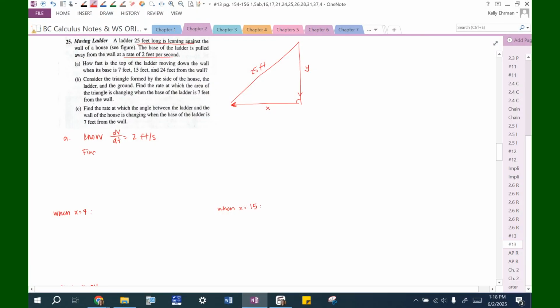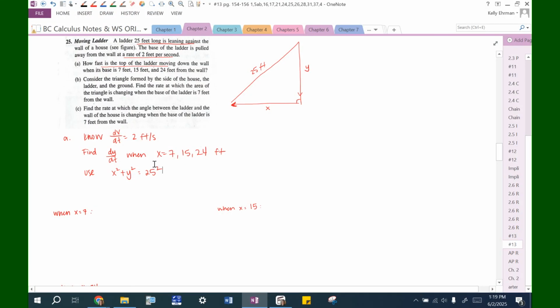They're asking me to find for part A, how fast is the top of the ladder moving? So that's going to be changing y's distance. So find dy/dt when x equals 7, 15, and 24. And what am I going to use? Of course, I'm going to use x squared plus y squared equals 25 squared.